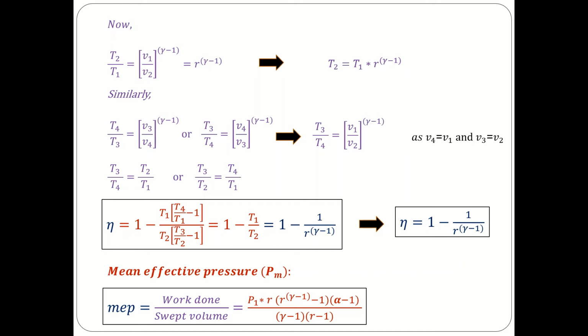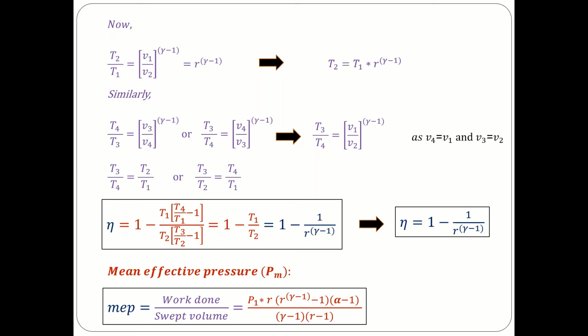T2 by T1 as R raised to gamma minus 1. So T1 by T2 can be written as 1 upon R raised to gamma minus 1. So 1 minus T1 by T2 will give us an expression for efficiency as 1 minus 1 upon R raised to gamma minus 1.